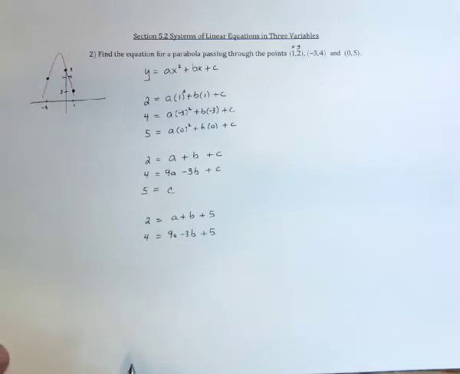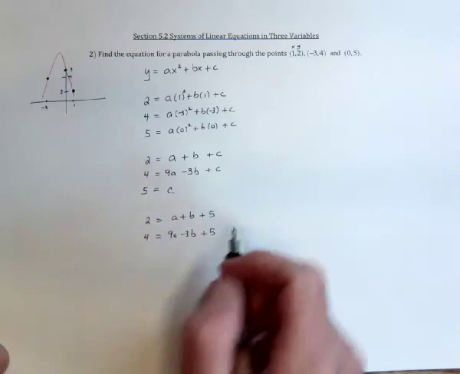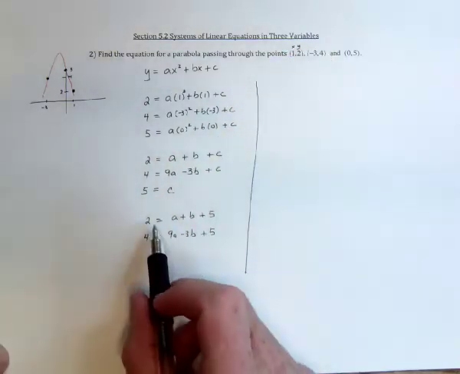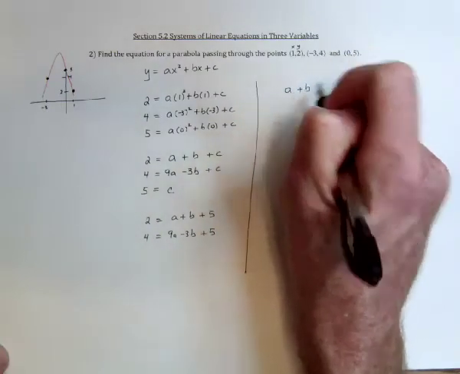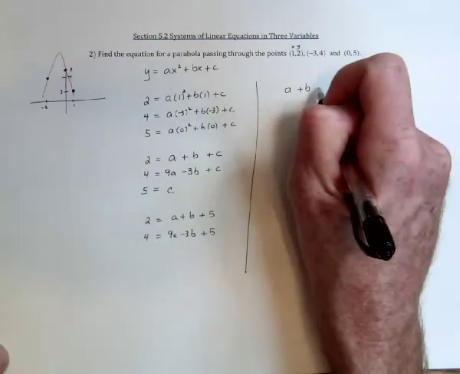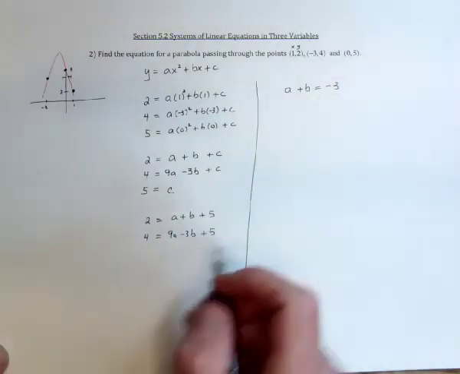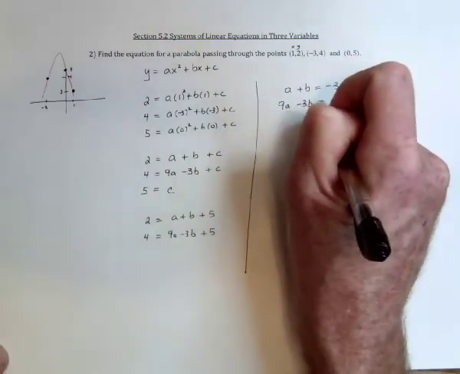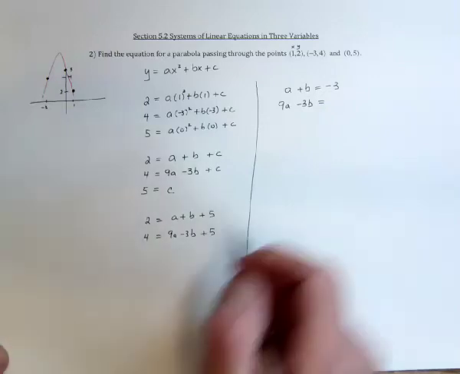And then when we move the 5 over, we have 2 equations with 2 variables. So let's see, subtract the 5. It's going to be that a plus b, when you subtract 5 from this, is going to be -3. And then this is going to be 9a minus 3b equals, again, subtract 5, so it's going to be -1.